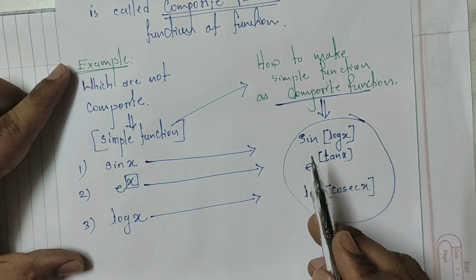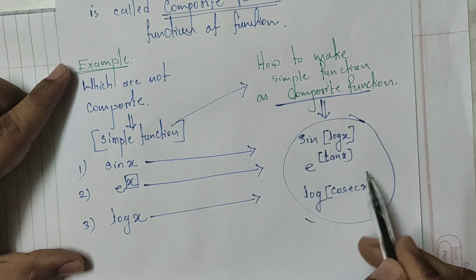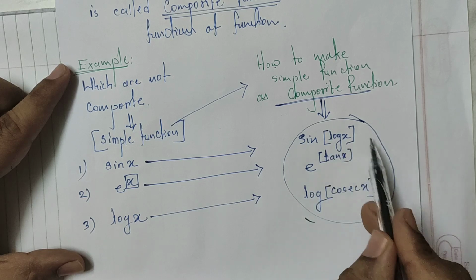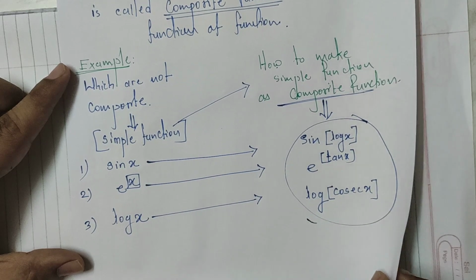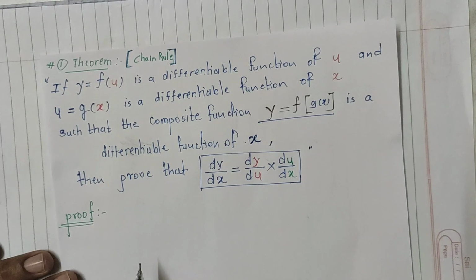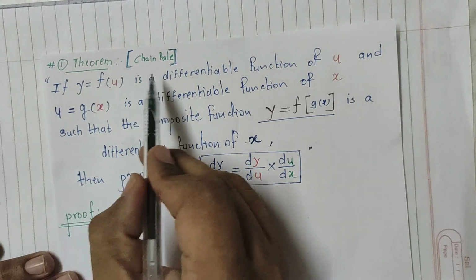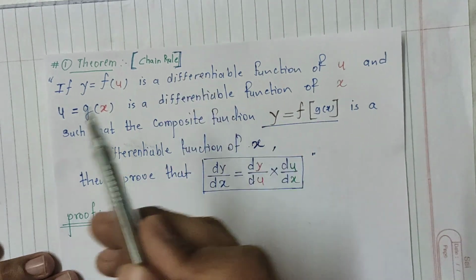Now we will learn how to find derivatives of composite functions by using the chain rule theorem. Let us see what is meant by the chain rule. This is theorem number one in the differentiation chapter, also called the chain rule. What is the chain rule statement?